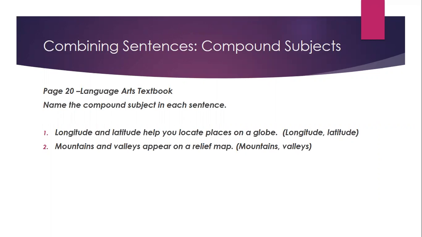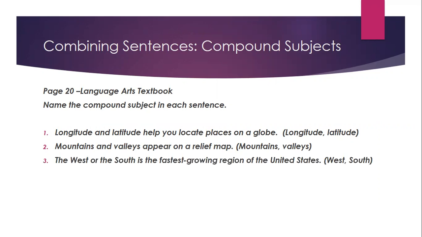Mountains and valleys appear on a relief map. Our compound subject, mountains, valleys. The West or the South is the fastest growing region of the United States. What is our compound subject? West and South. Alice or Raynell lives in the Northeast.